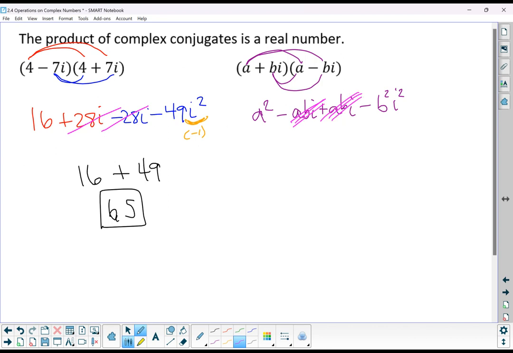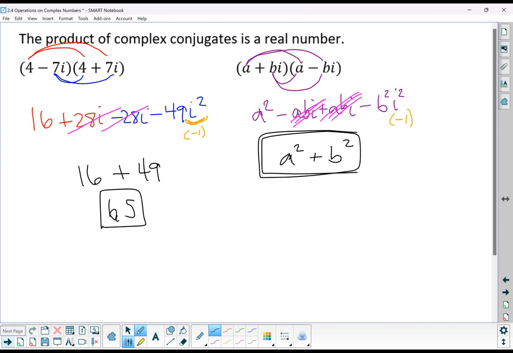They add up to 0. So then I have an a squared minus b squared i squared, but that i squared is the same as negative 1. So we end up with a squared plus b squared. So not only is the product of complex conjugates a real number, but it's always a positive number.